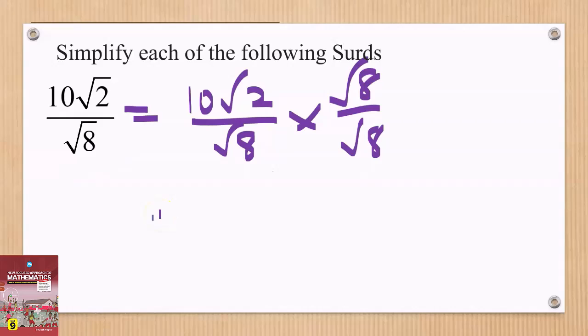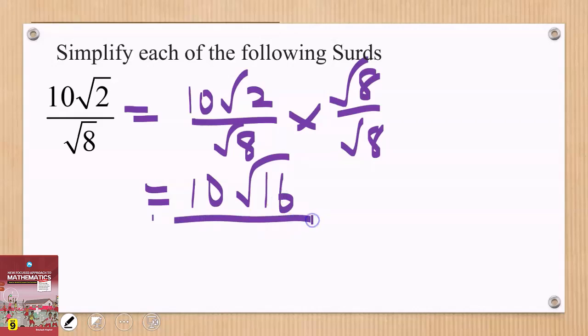Now if I multiply the numerator, that is the 10 root 2 times root 8, I'm going to have 10 root 16, because 2 times 8 is 16, divided by root 8 times root 8, which will just give me 8, like we said earlier.